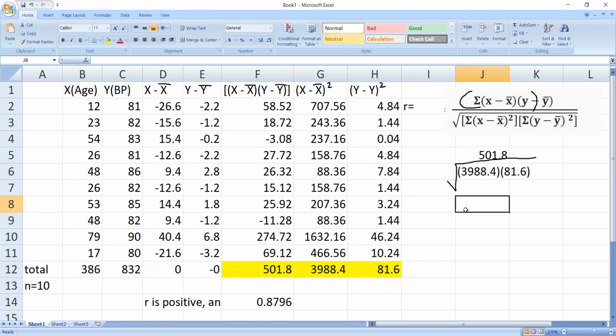You could see. Now simplify this: 3988.4 into 81.6 produces 325453.44, and we need the square root of that.